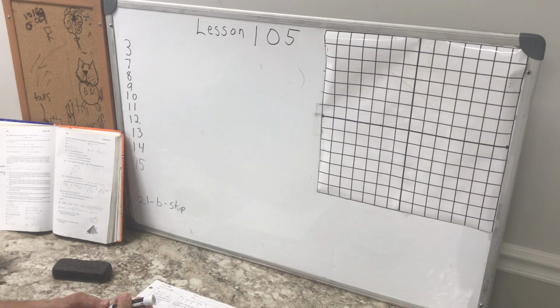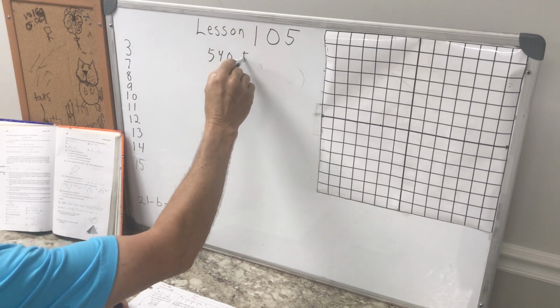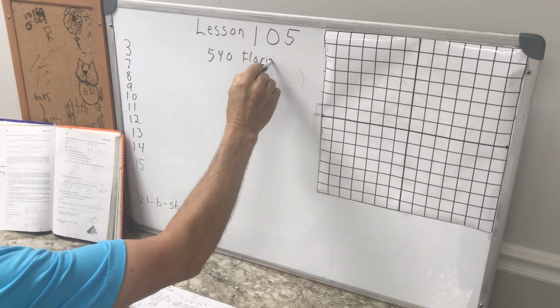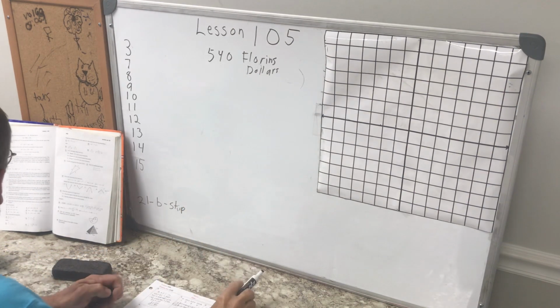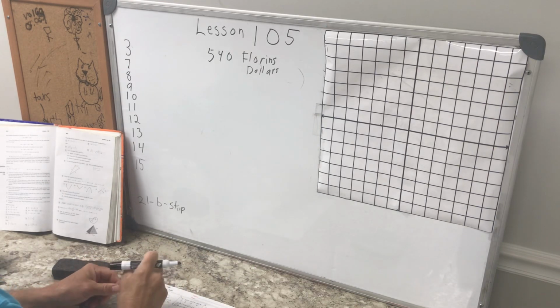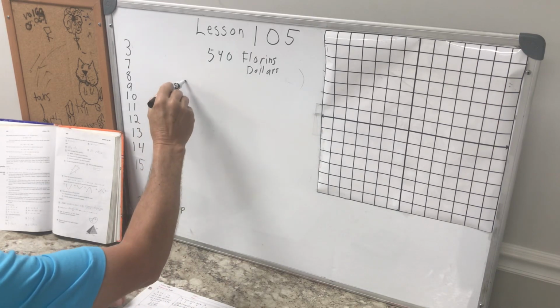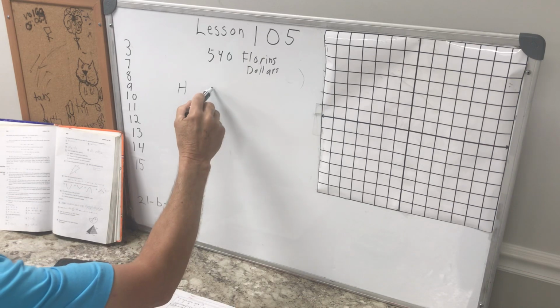Prince. He bought some replacement armor for 540 florins. We can consider florins as dollars, and it kind of simplifies this problem. Here we go then. Number 3, it says that he bought helmets, and he bought cuirasses, whatever cuirasses are.